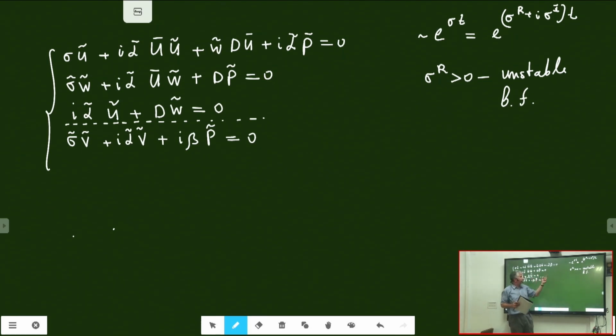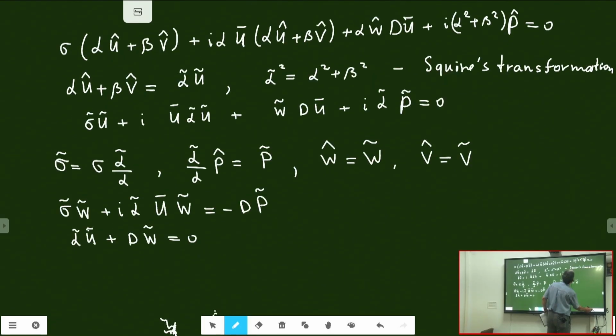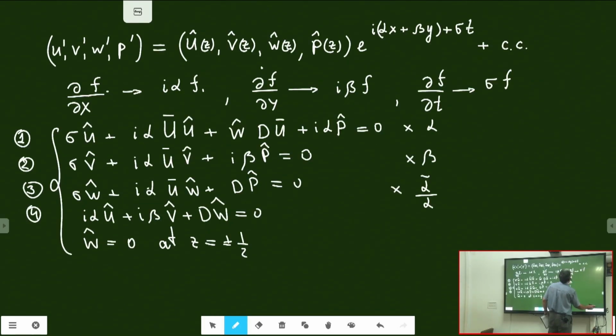Because if sigma r is positive, then this exponential function will be growing. And this exponential function is responsible for describing perturbations. If they grow, it means we are going further and further away from the base flow. It becomes unstable. We cannot see it. It will be modified. Okay, is that clear?